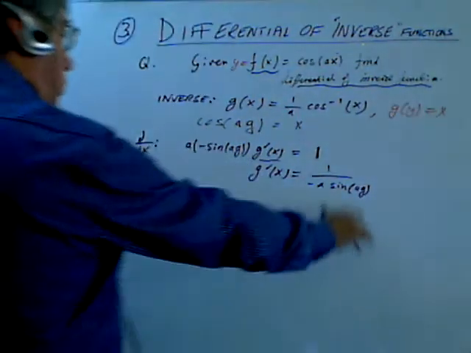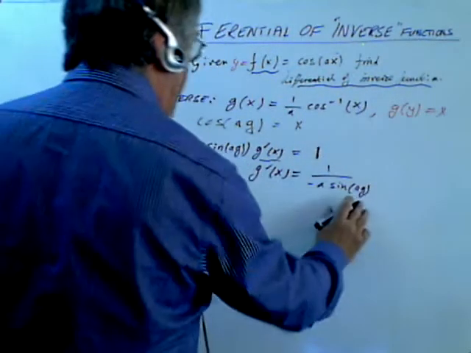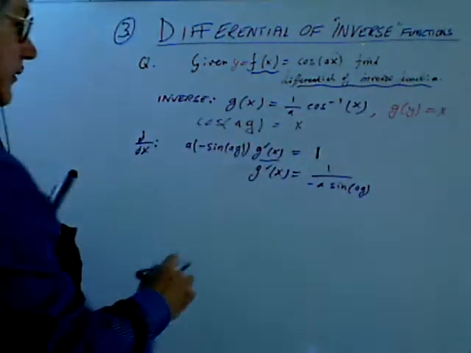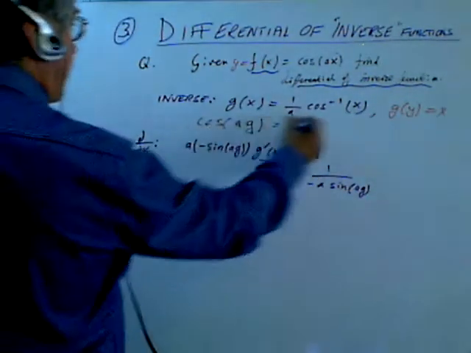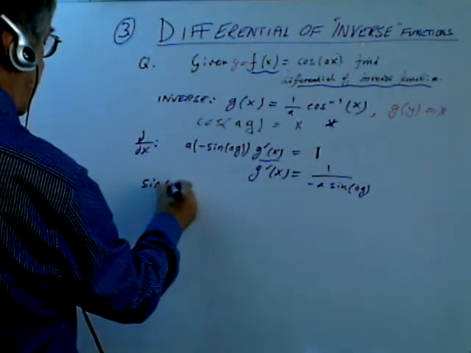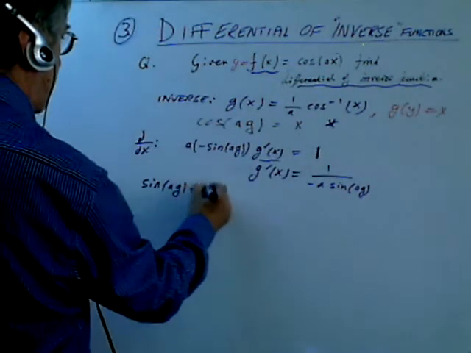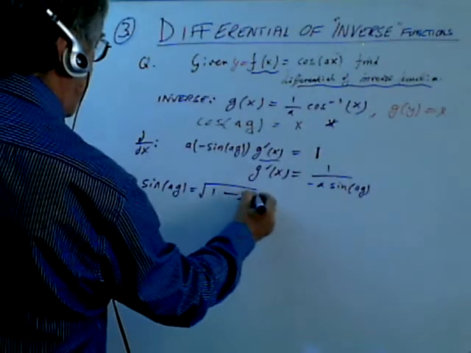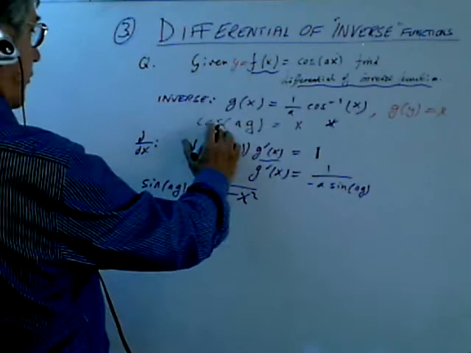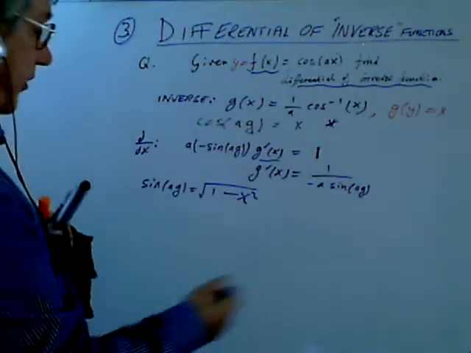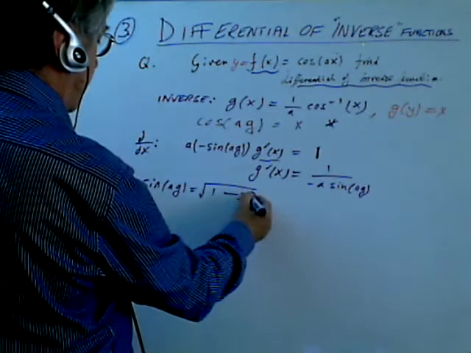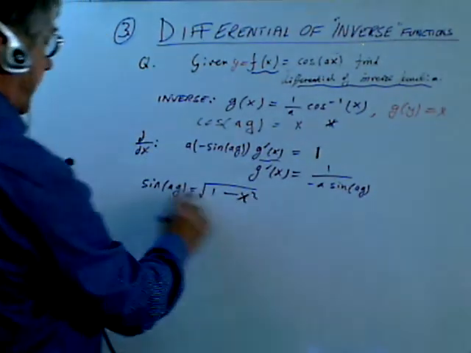But that's in terms of the function, we need it in terms of x. From this relationship here, I know that sine ag is equal to the square root of 1 minus x squared, because cos squared plus sine squared is equal to 1, etc. So hopefully at this level you can do these trig identities.